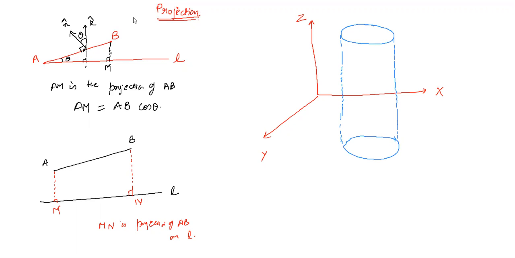If we consider a small surface element over this surface, say ds here, then its projection will be drawn over the xy plane by drawing the perpendicular distance to the xy plane.